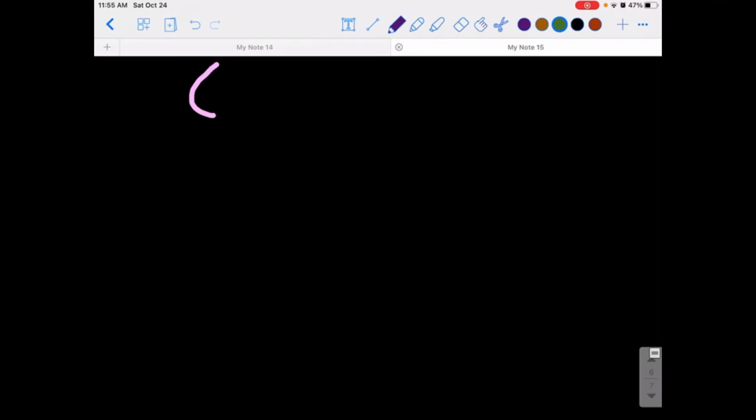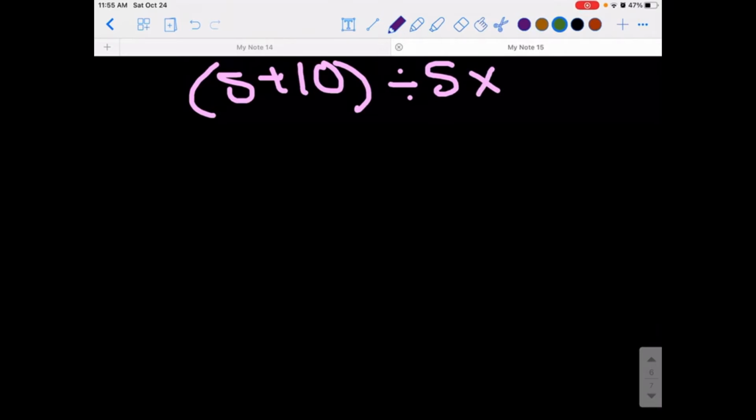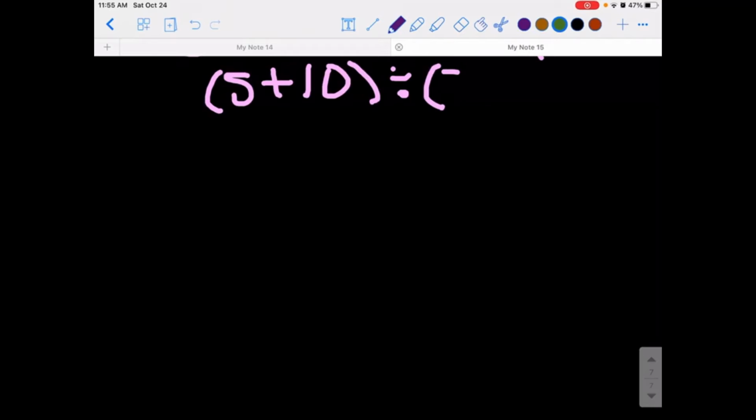So let's do parentheses, another parentheses, divided by 5 times 3 minus 1. Let's do one more problem. This time let's put 5 plus 10, and the same thing, but this time let's put another parenthesis right over here.